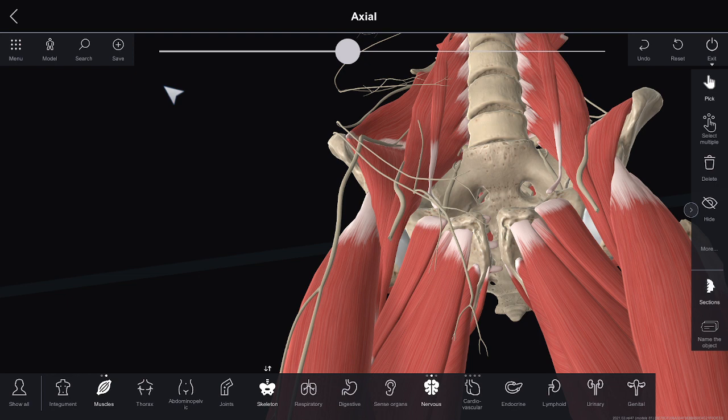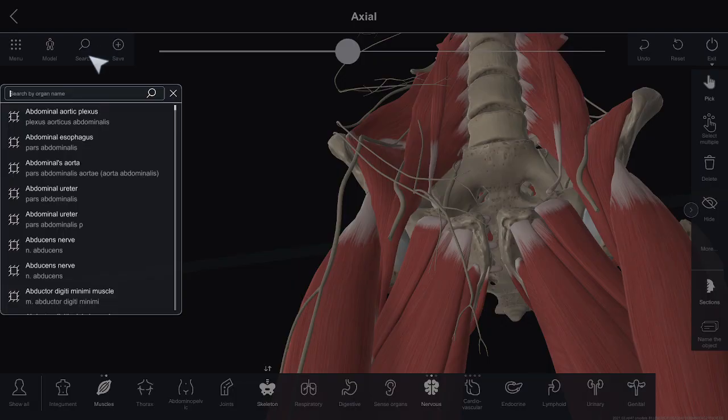And what is the last nerve of the lumbar plexus? Nervus obturatorius, surely. Let's find.